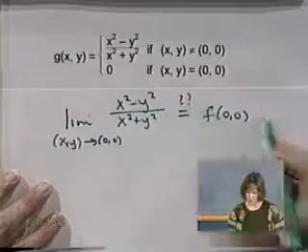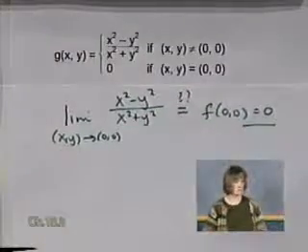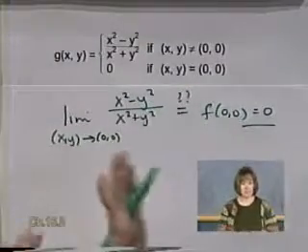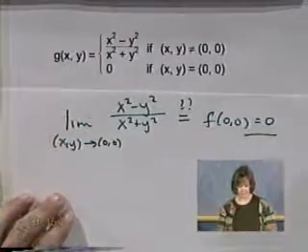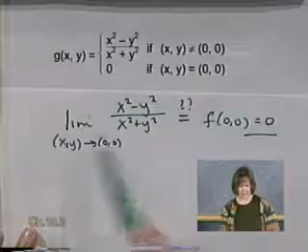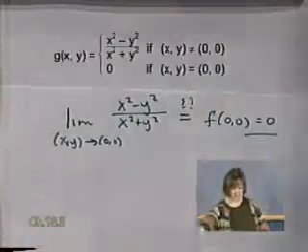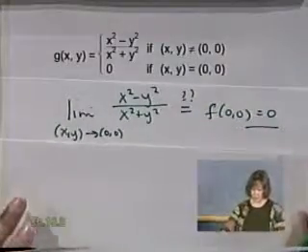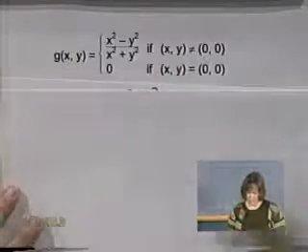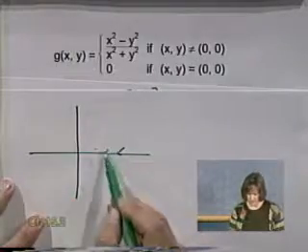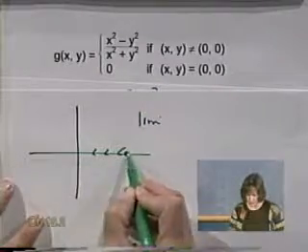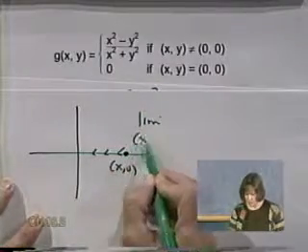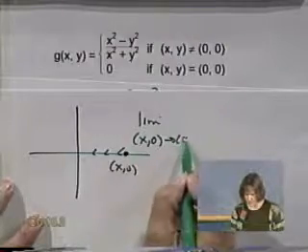And f(0, 0) is 0. Because remember, you're continuous if the limit as you approach the point is equal to the value of the function at the point. So to figure out, am I continuous at (0, 0), I have to evaluate this limit. Well, let's come in from the right. How do I do a point on the right? I call it (x, 0). So we're taking (x, 0) approaching (0, 0).